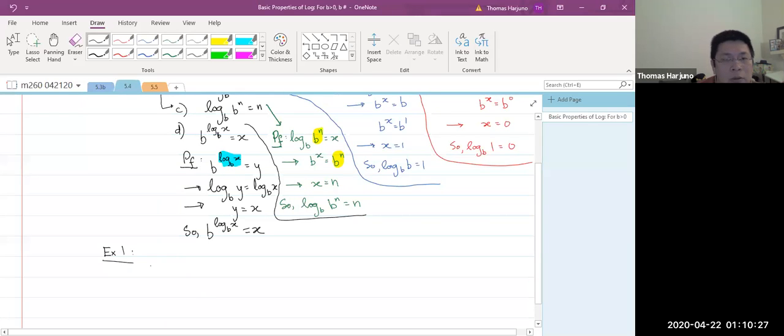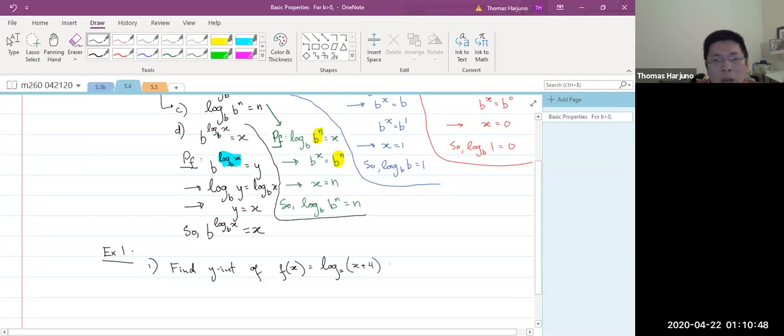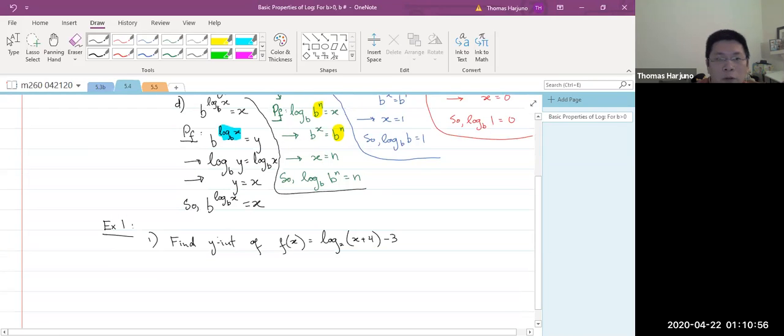For example, example one, we have seen this before when we tried to find the y-intercept of f(x) equals log base 2 of (x plus 4) minus 3. When we try to find the y-intercept, x is set to 0, right? So we get f(0) equals log base 2 of 4 minus 3.